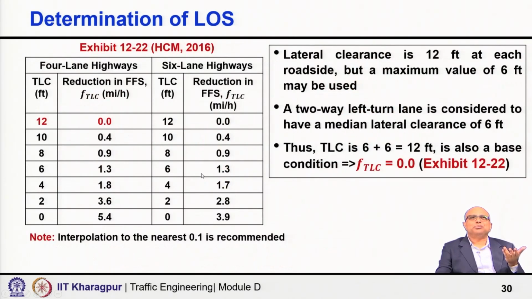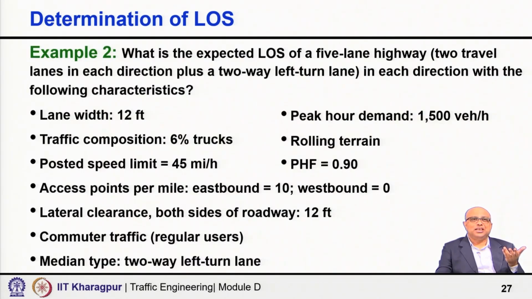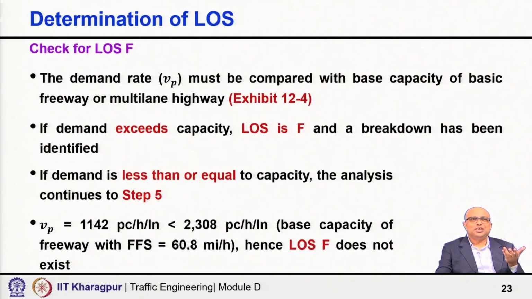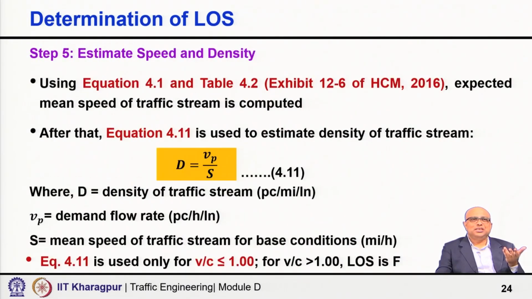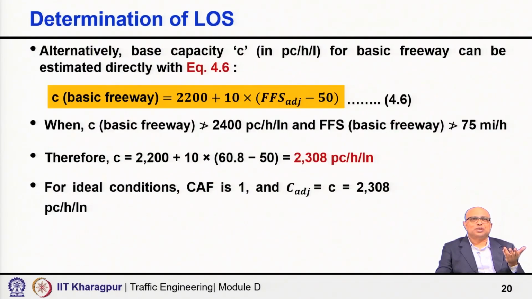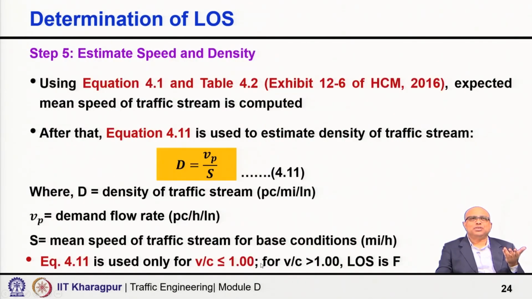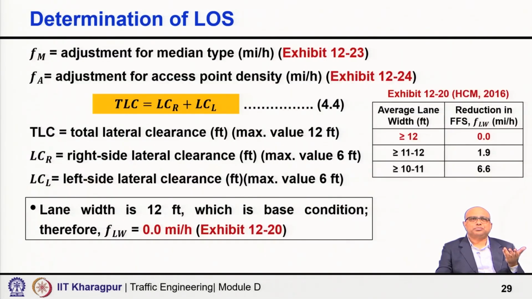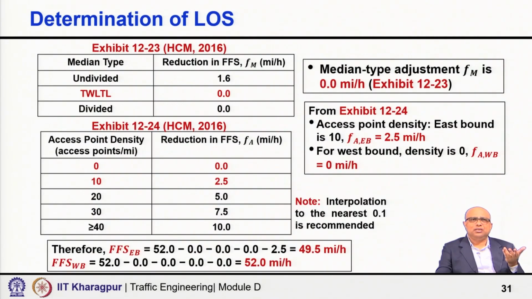As we calculated in the earlier case, example 1, you remember in example 1 we calculated it using this equation, but that equation was for basic freeway segment. For multi-lane facility, the equation is different.